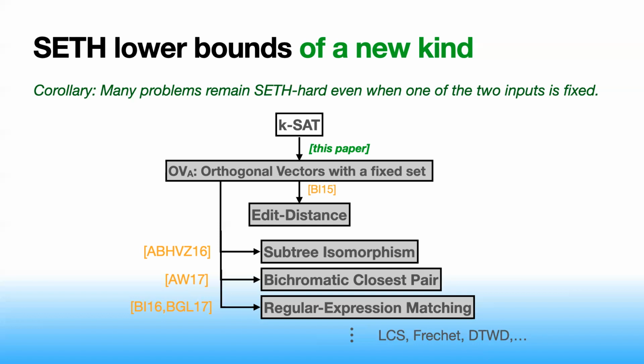But it's not so clear why that is interesting as a problem. So, yeah, there are more interesting results that you can derive in this way. For example, for LCS, the longest common subsequence, the Frechet distance, and so on, we do get some new natural versions with a fixed set that are now hard.